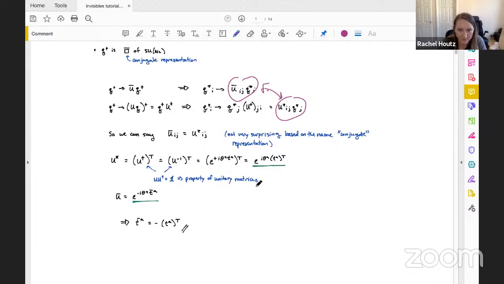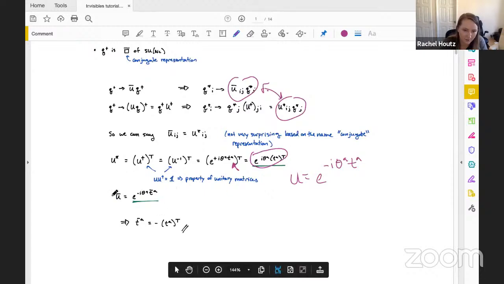So if the original matrix U equals e to the minus I theta A Ta, we can write the inverse as the plus of this, and then we get, where these are the original fundamental generators, that U star equals this.